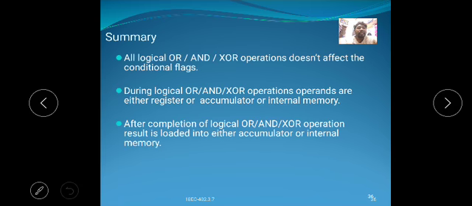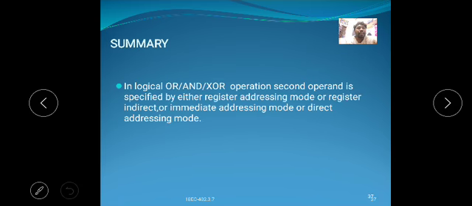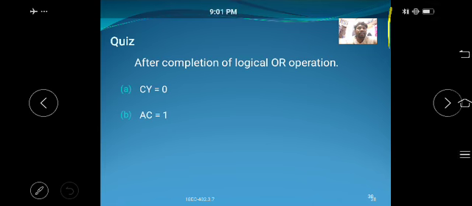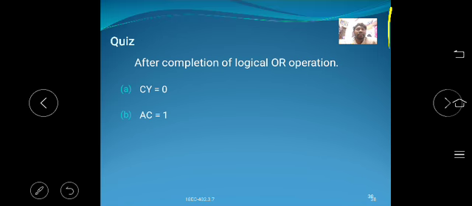This is the discussion on logical operations. Quiz question: after completion of the logical OR operation, the carry flag will be 0, auxiliary carry will be 1, overflow flag will be 0, or none.